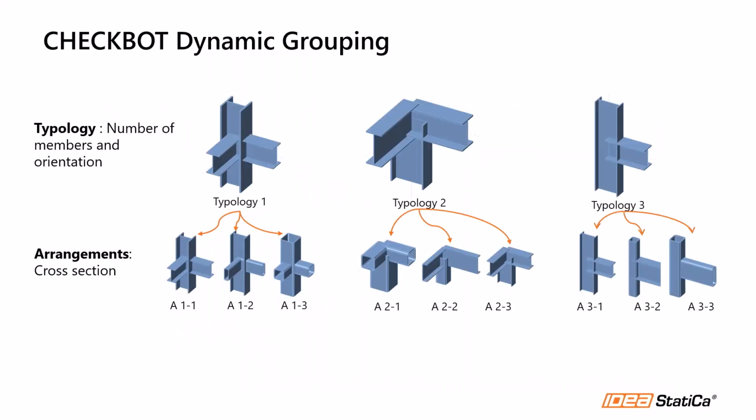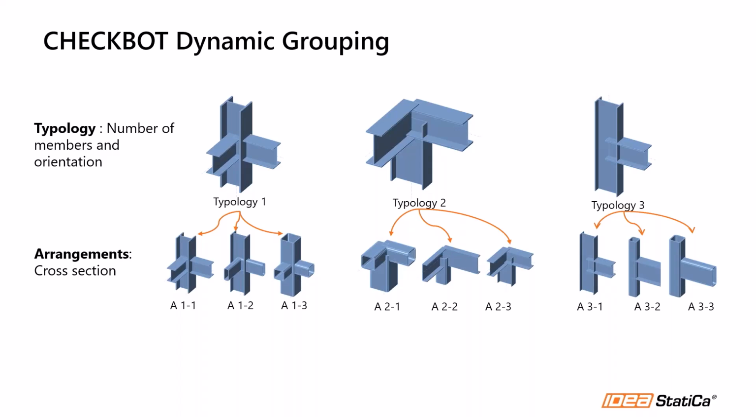What is this? The dynamic grouping is an automatic action that Checkbot does once it imports the model. From the model joints, it will arrange the nodes by typology, which is defined by number of members and their orientation. Then the arrangements are the second level of groups, defined from the typologies, and they are defined by cross-section type.